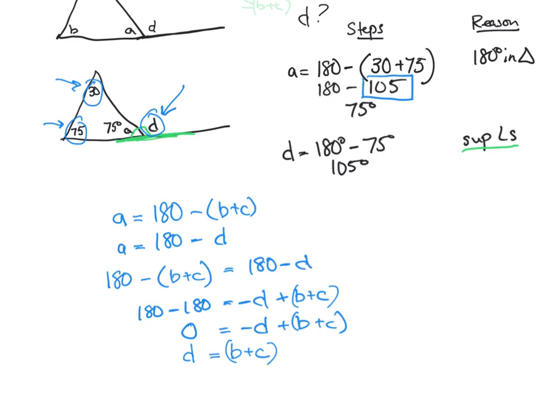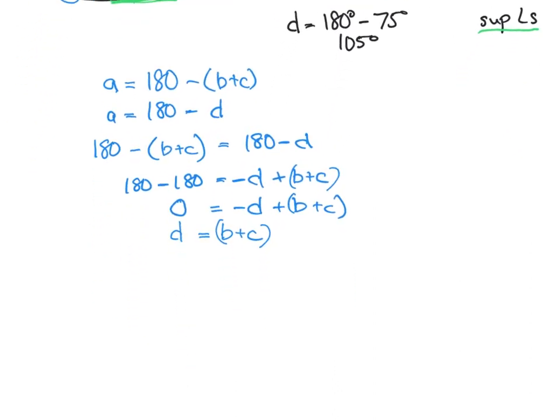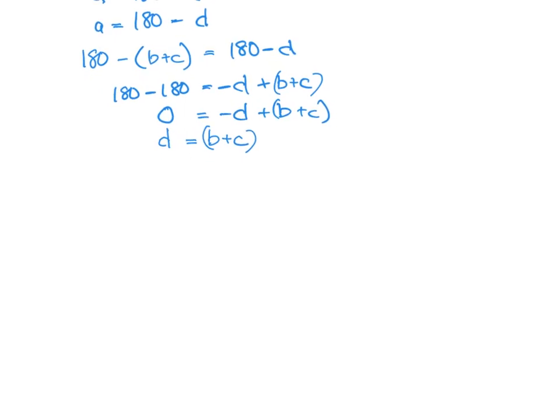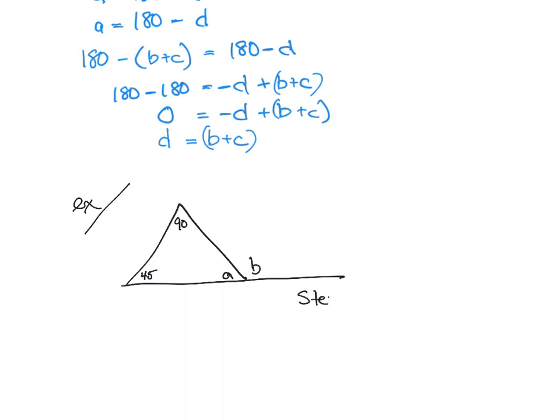So let's do an example. If you had a triangle with an exterior angle, and let's say this was 45 and this was 90, we were looking for A and B. You can find A using your steps and your justifications.